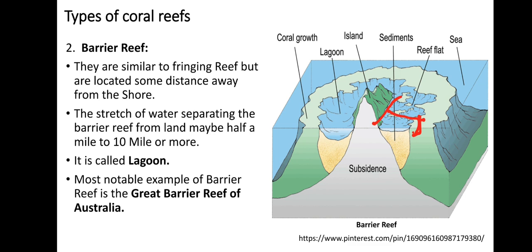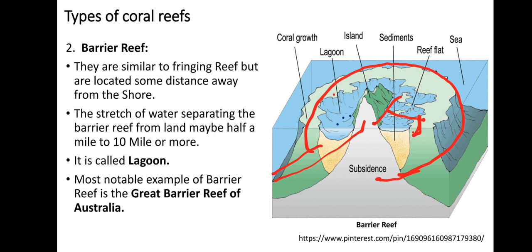And most of the time, this is present around the island, and there will usually be one opening towards the sea, so that if people are visiting, they can come through those spaces, those openings. And this water that is present between the reef and the island is called the lagoon.